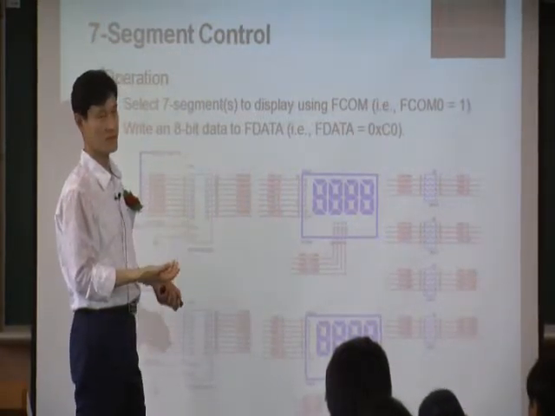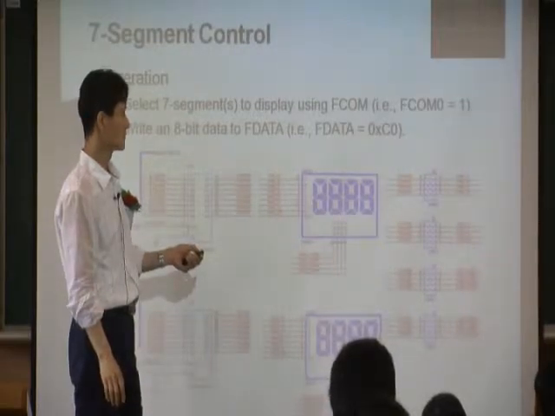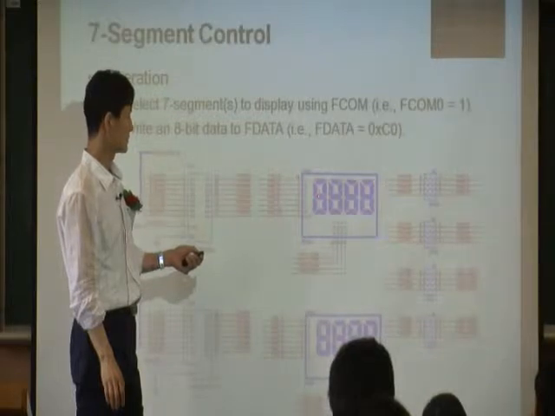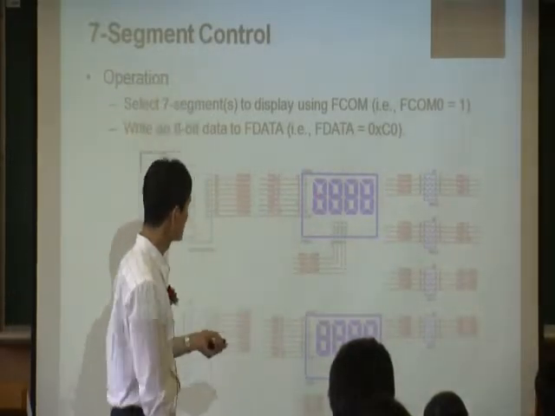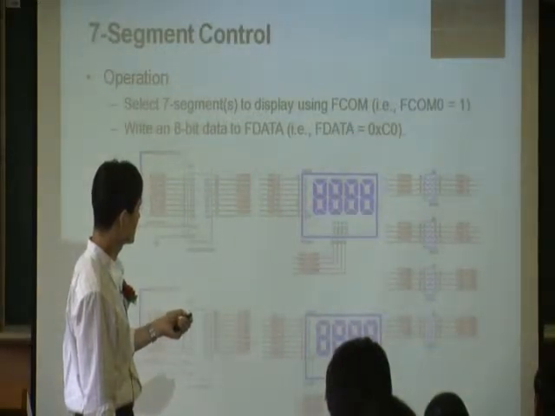That's how you run this one. But if you do that from the leftmost LED, is it possible to turn on the rightmost LED? Leftmost 7 segment, this one? You mean what?